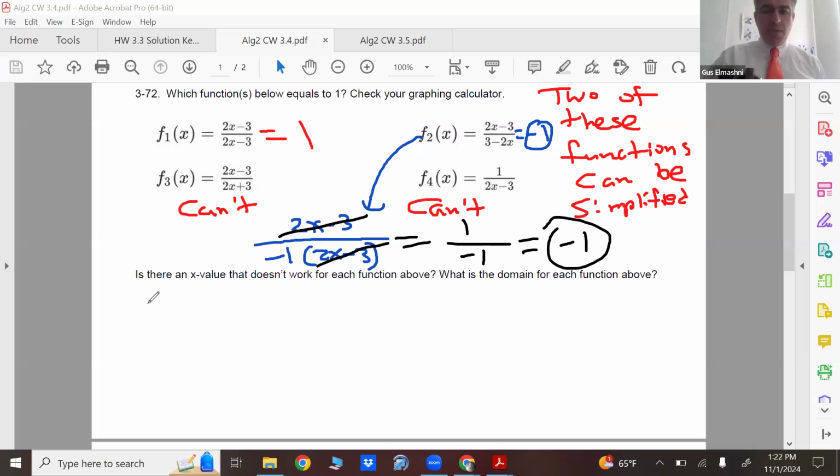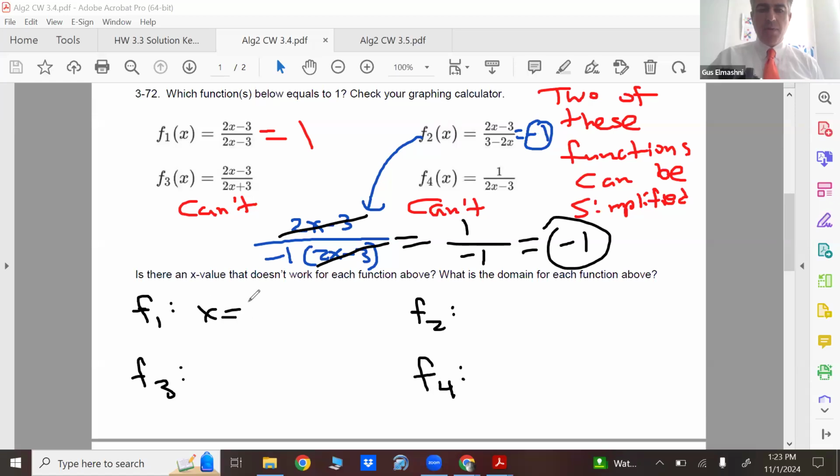Now, for the question below, is there an x value that doesn't work for each function above? The answer is yes. And I'm going to tell you what they are for each of these. X cannot equal 3/2. X cannot equal 3/2.